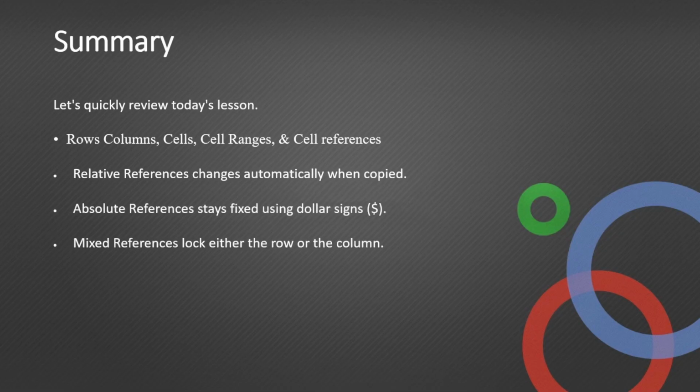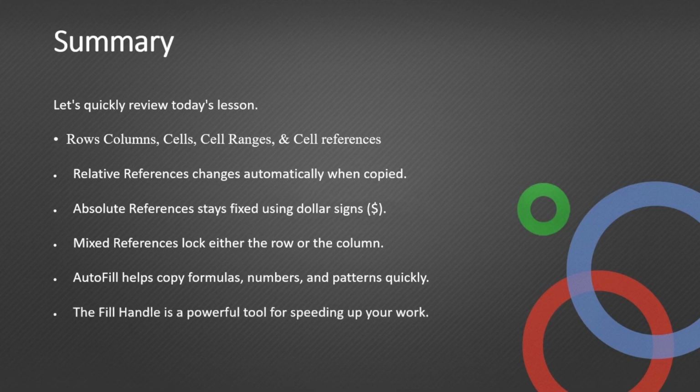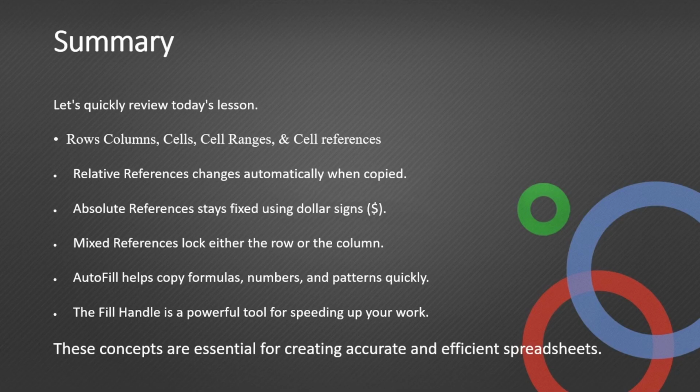Mixed references lock either the row or the column. Autofill helps copy formulas, numbers, and patterns quickly. The fill handle is a powerful tool for speeding up your work. These concepts are essential for creating accurate and efficient spreadsheets.